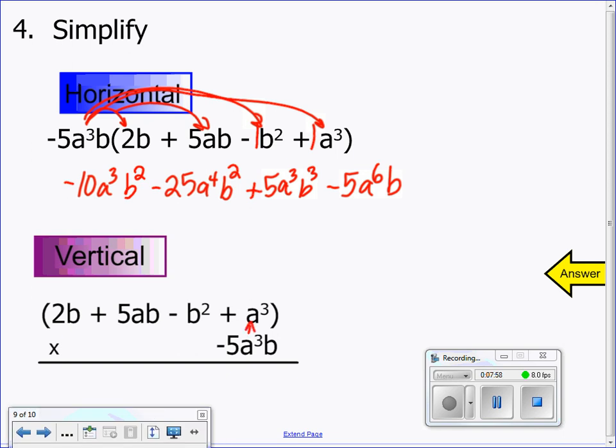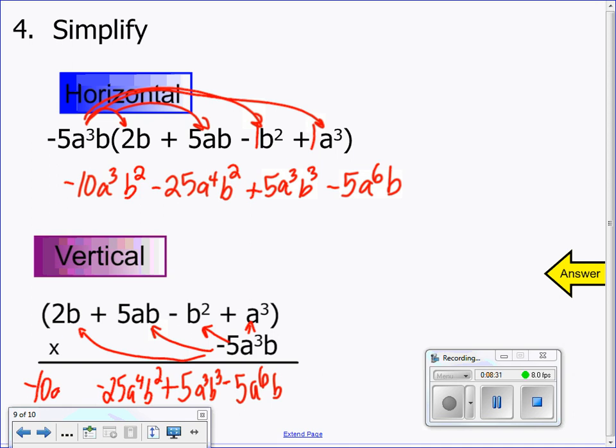So you multiply it here, you have 5, a to the 6th, b, plus 5, a cubed, b cubed, minus 25, a to the 4th, b squared, and negative 10 a cubed b squared.